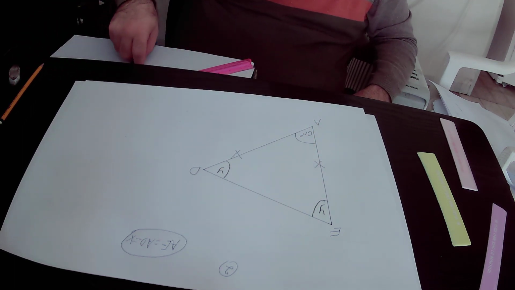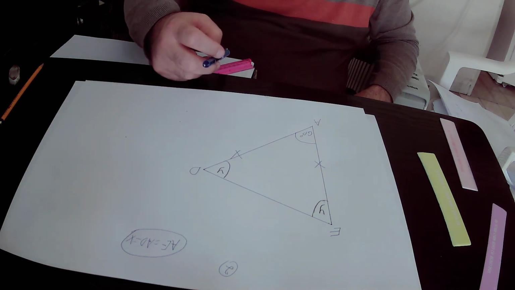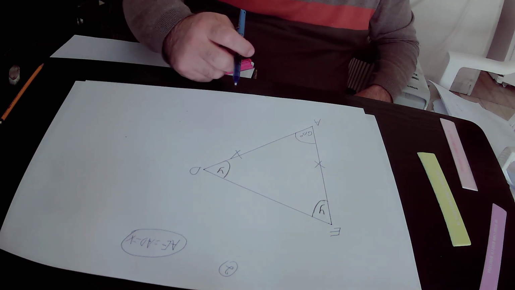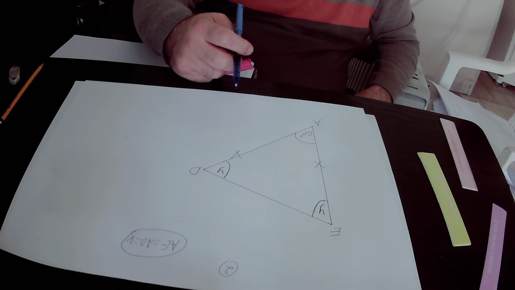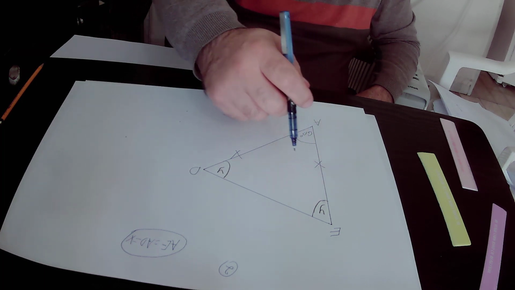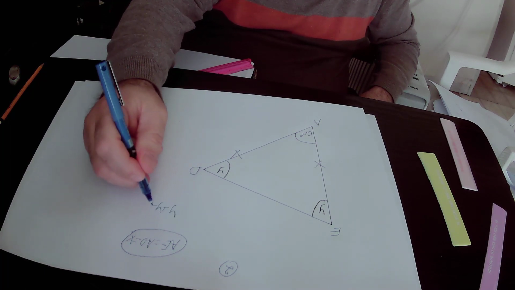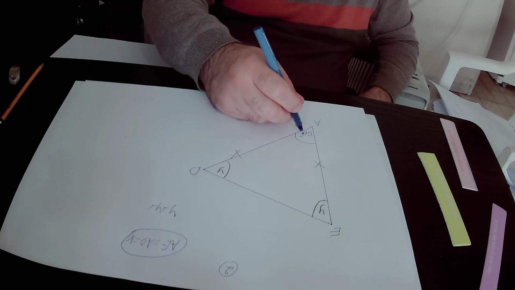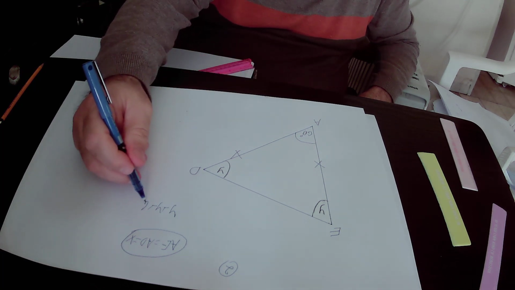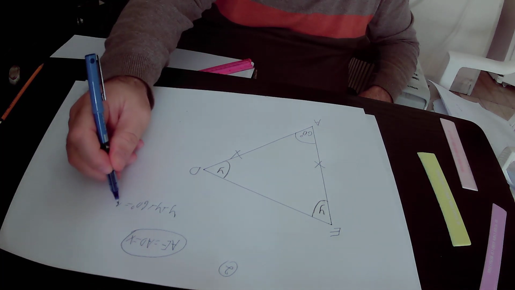And we know that the sum of the angles in any triangle is equal to 180 degrees. The sum of the angles in triangle AED must be equal to 180 degrees. That is to say, y plus y plus this angle that is equal to 60 degrees must be equal to 180 degrees.